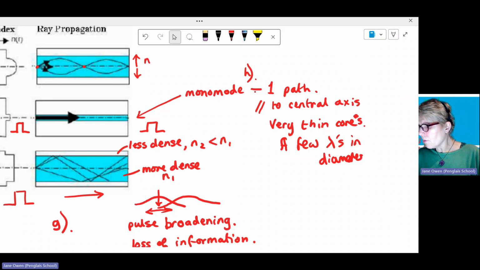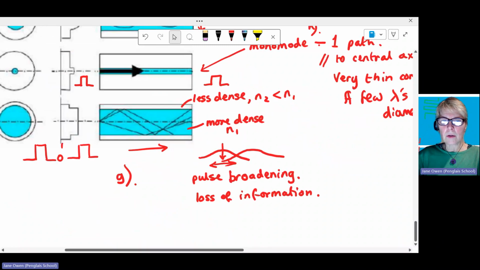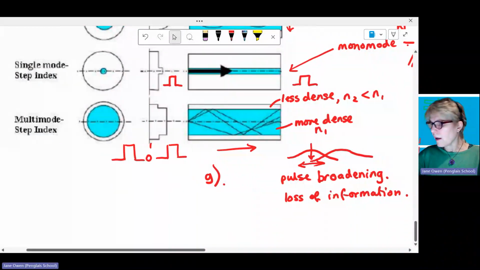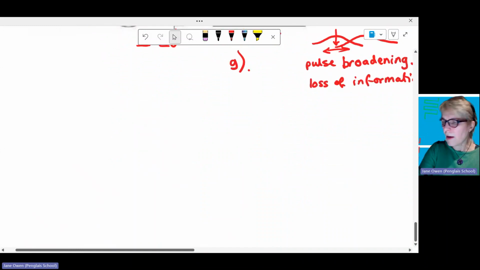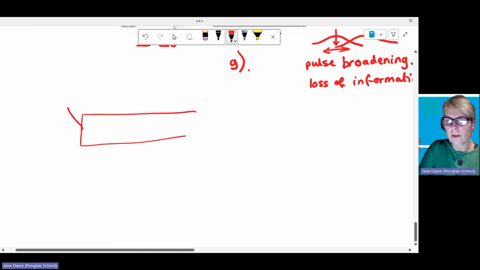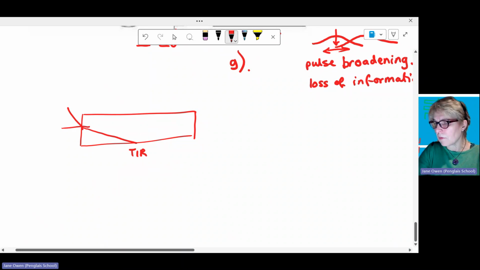Okay, I've rushed through that last bit. There's only one little bit that I think would be useful. If you've got a fiber optic and a signal goes into it, then you've got your normal, it refracts in, and then it bends, and it's total internal reflection off the more dense into less dense boundary.